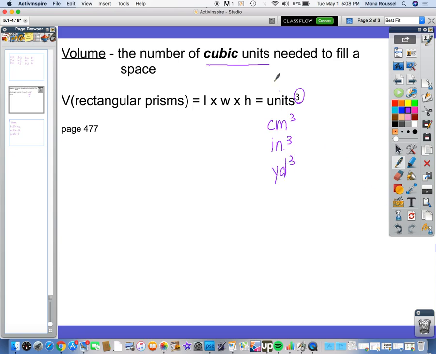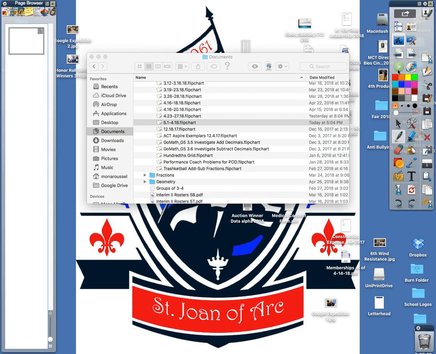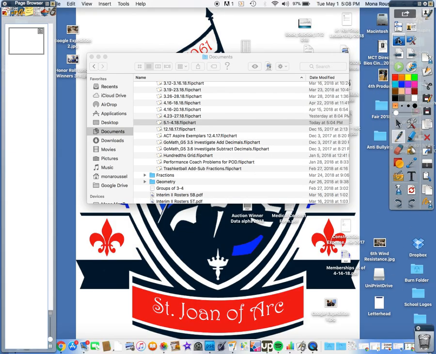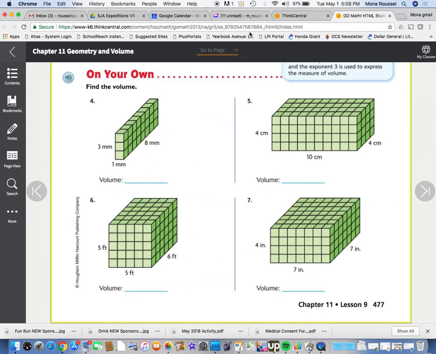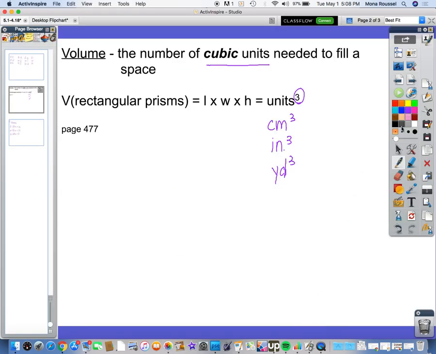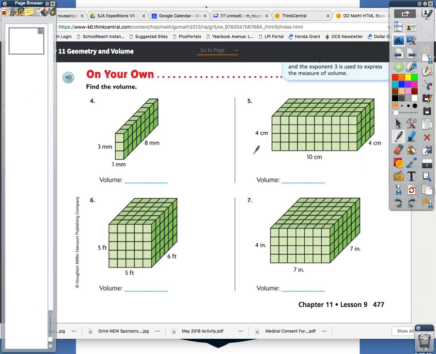Now, to find the volume of a three-dimensional figure, or of a rectangular prism, you would multiply its length times its width times its height.